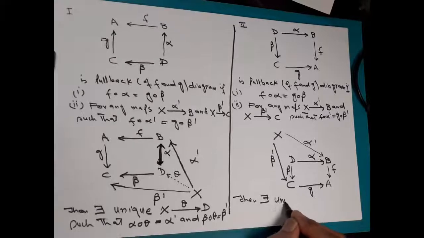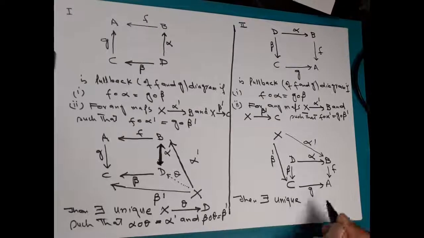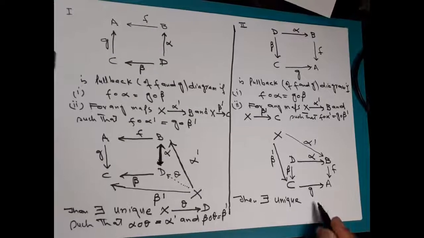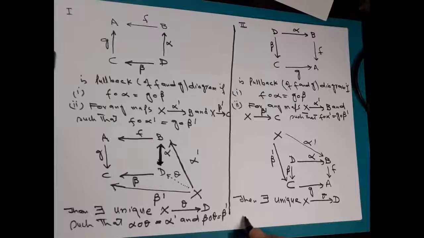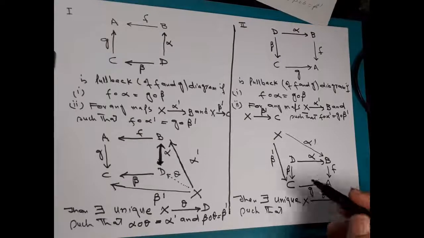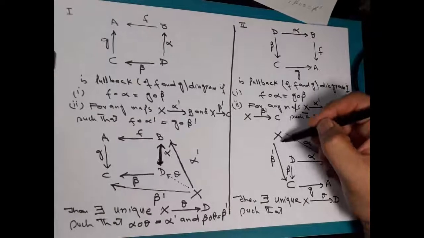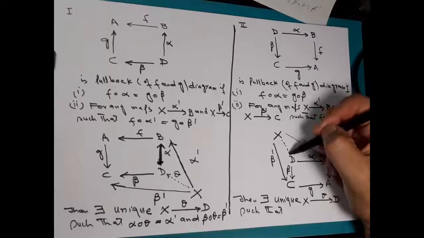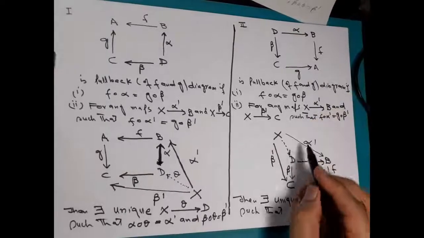unique map from X to D, such that, so especially note this particular map which is from X to D. This map is called universal arrow.